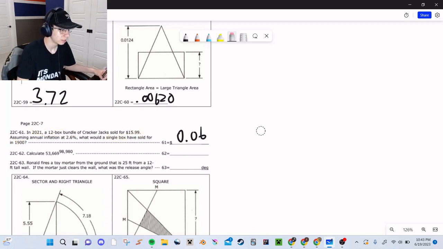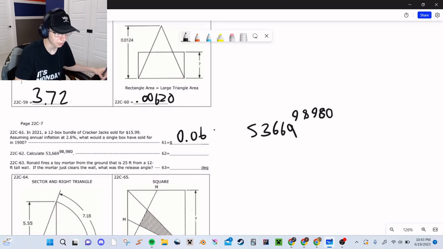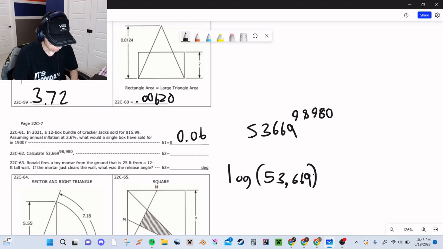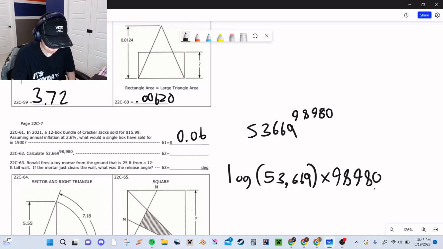Okay, 62. So this is an overflow question. So the way we do these, your first step, you want to take the log of the base. So we're going to do log of the base, which is 53,669, and we're going to multiply by our exponent, 98,980.